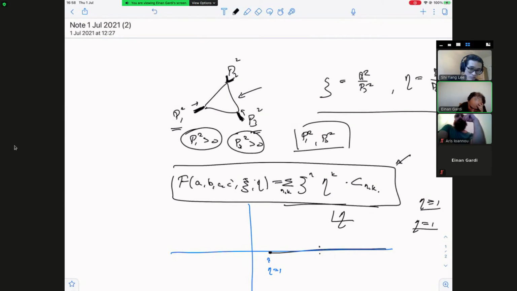And then if also P2 squared is time-like, I know that P2 is P1 plus P3 in the kinematics that I mentioned.